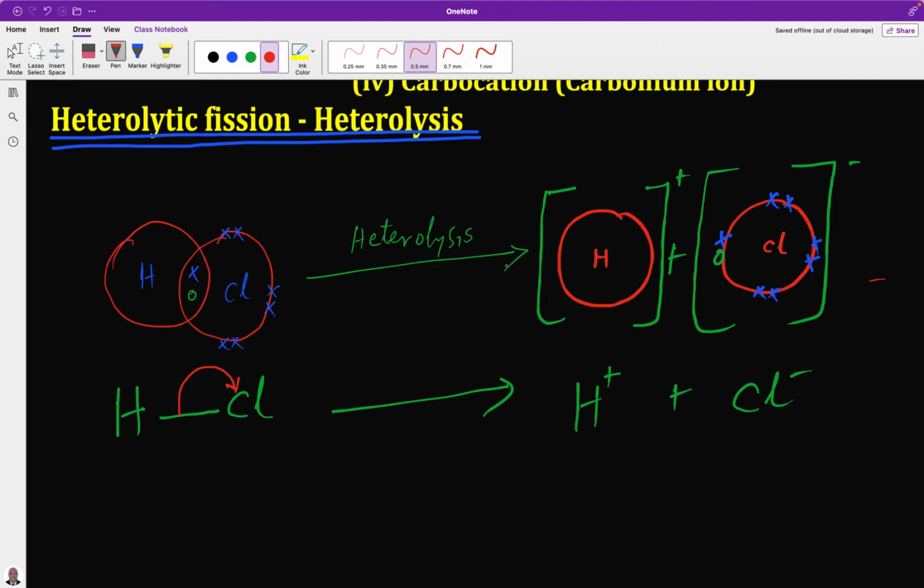But remember, you might see some curly arrows which are like this. In that case, it represents only one electron, an unpaired electron.